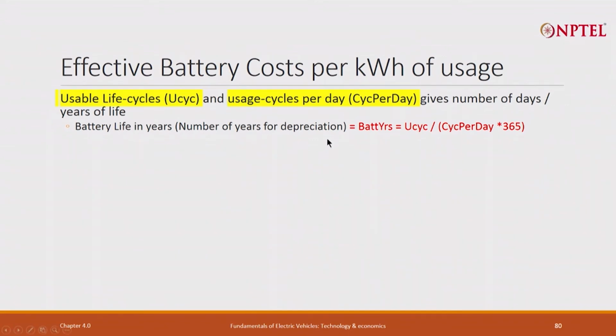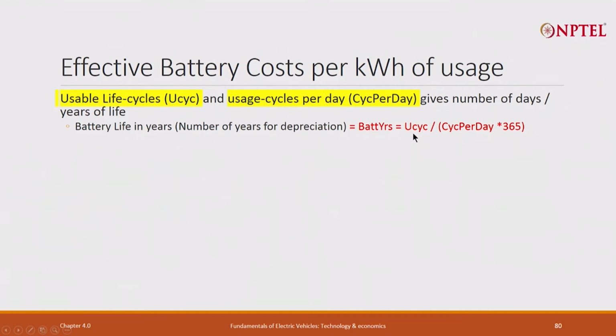From this we now calculate usable life cycles and usage cycles per day. There are two parameters, usable life cycles and usage cycles per day, given the number of years of life. Battery life in years, the number of years for depreciation, is called battery years, and this is the usable life cycles given for the battery, saying that you can use it for 1500 cycles.